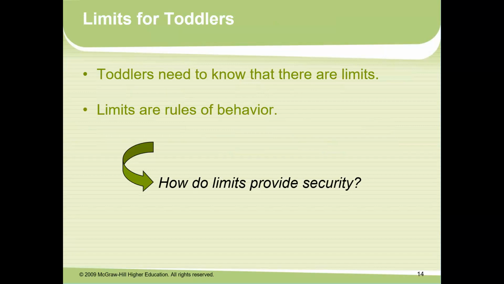When setting limits or boundaries with toddlers, toddlers need to know that there are limits. You have to set boundaries. The limits are rules of behavior, and limits do provide security. So think about, how do limits provide security? You can pause the video for a second.